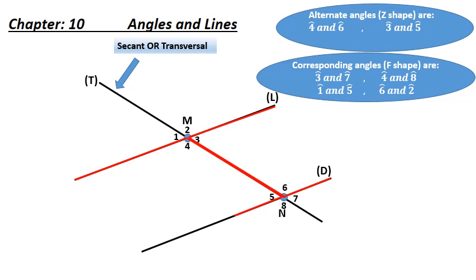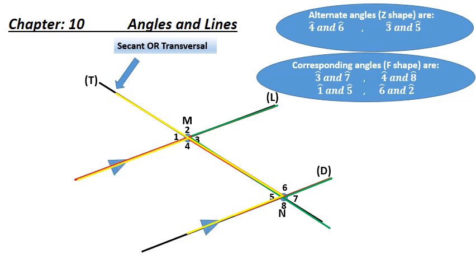As you see here, angle 3 and angle 7 are F-shaped angles, so they form the letter F. Also angles 1 and 5 are corresponding angles. The same for angles 4 and 8 and also for angles 6 and 2.